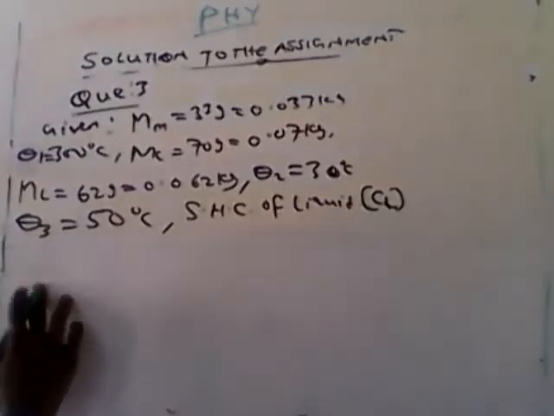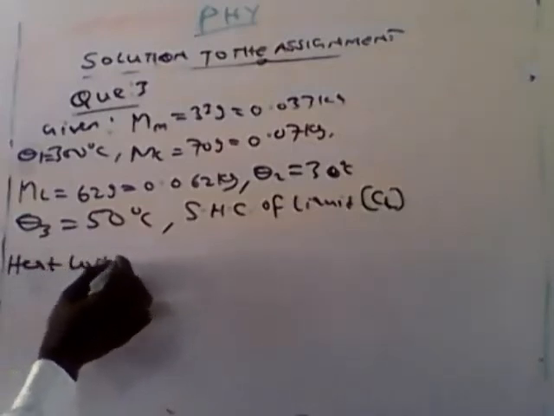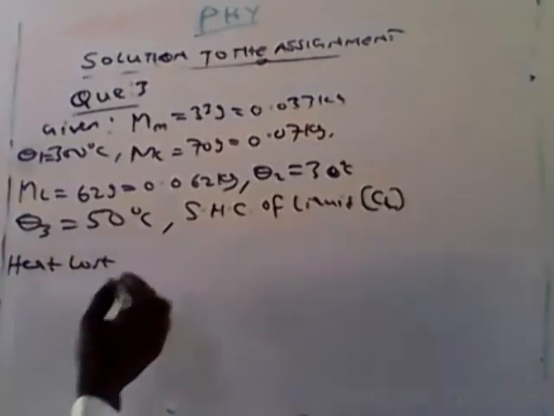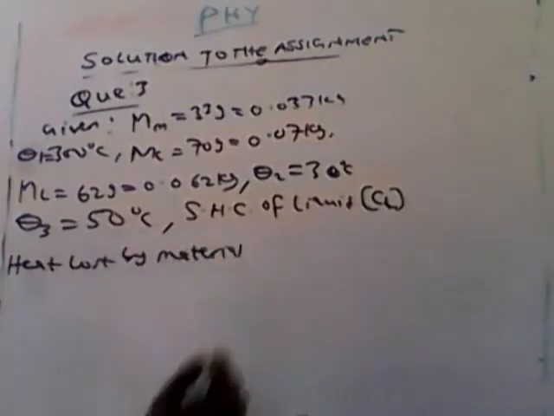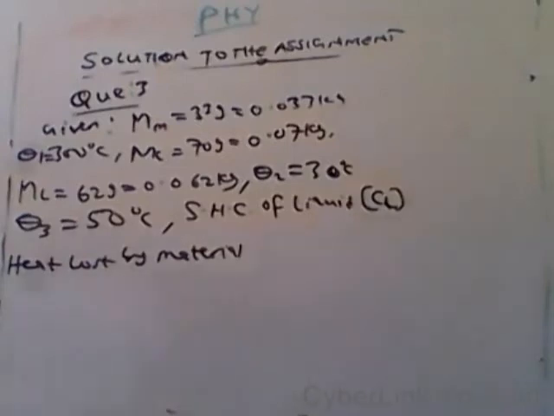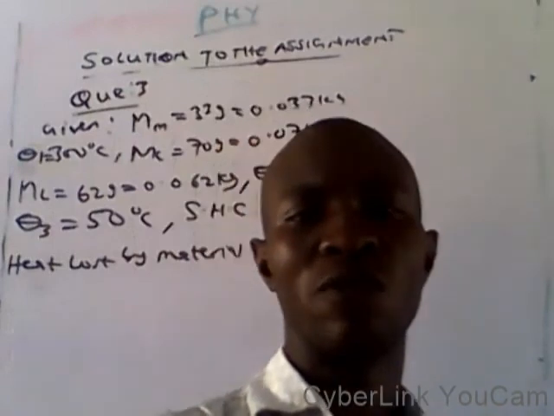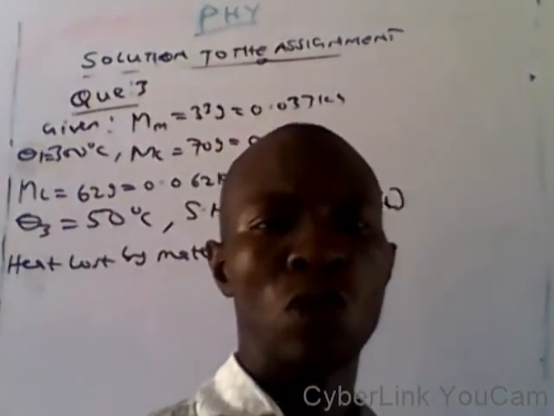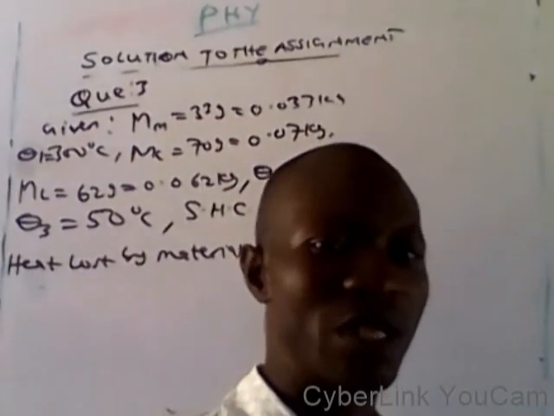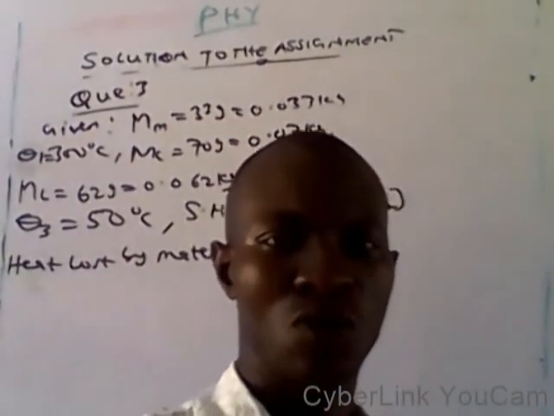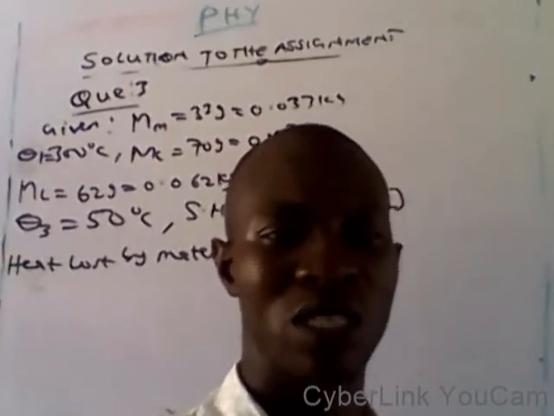The principle of mixture says that the heat lost by material... What we need to consider here is that in this principle of mixture, we heat a particular object and transfer that object to a calorimeter containing a certain mass of water or any liquid.